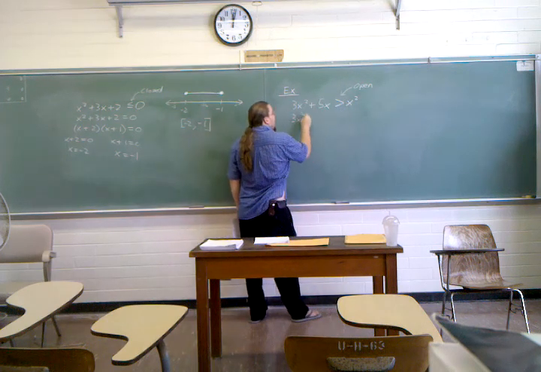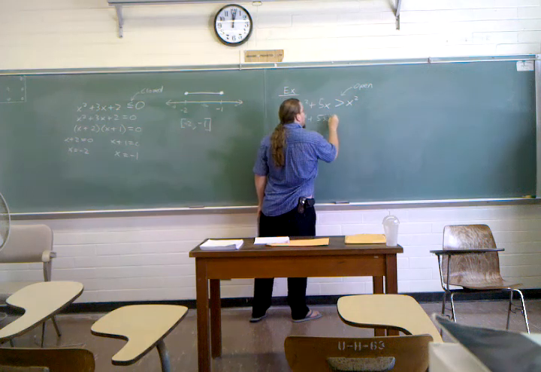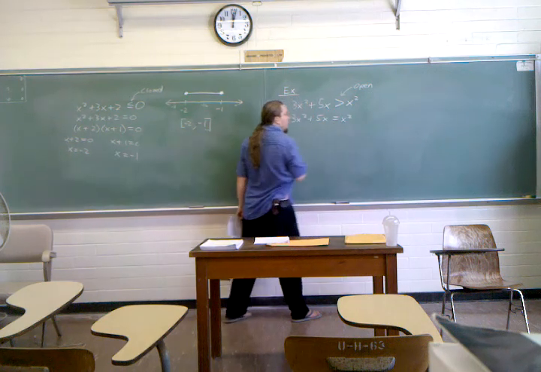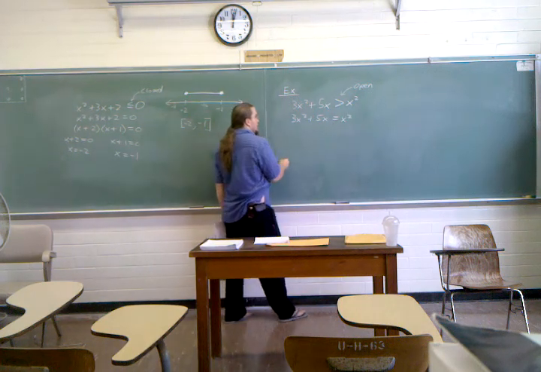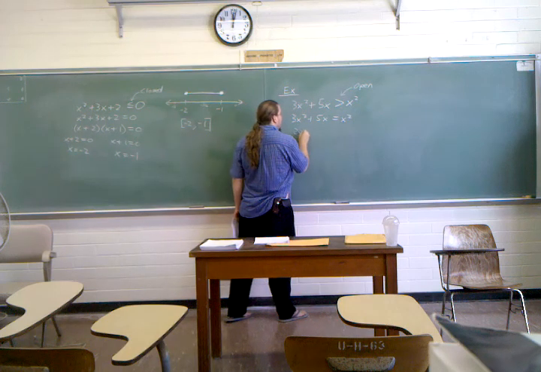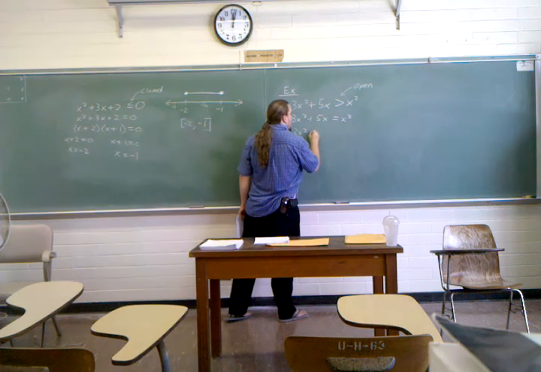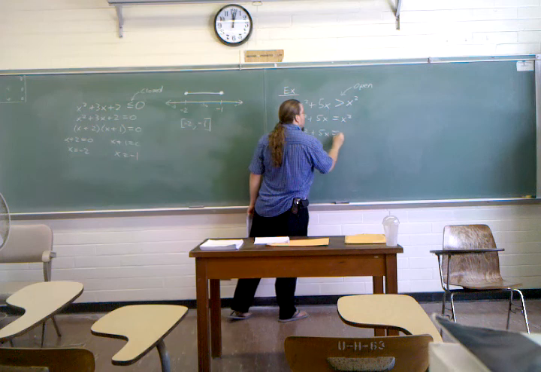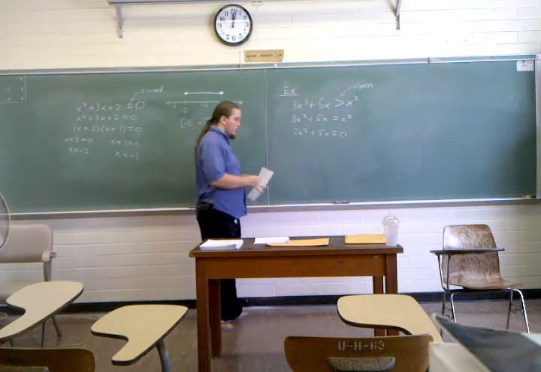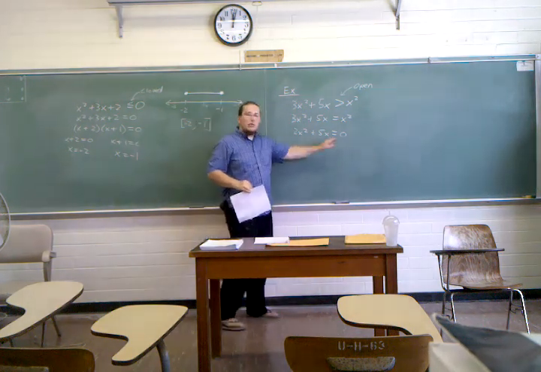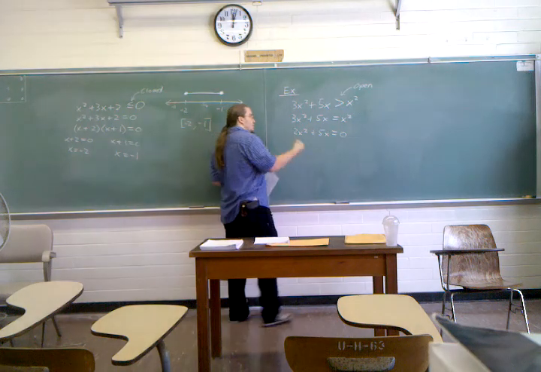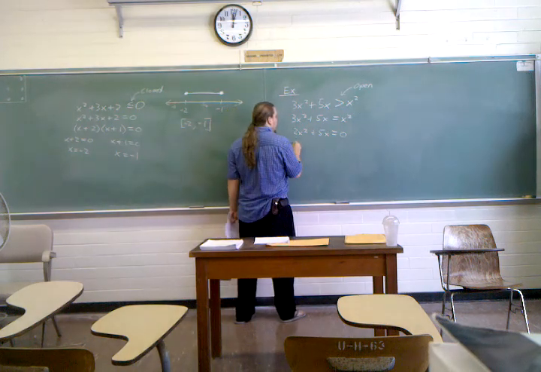What we're going to do, change it to an equal sign. We're going to solve the quadratic. So the way we solve quadratics is we solve for 0. We then either use the quadratic formula or factor.